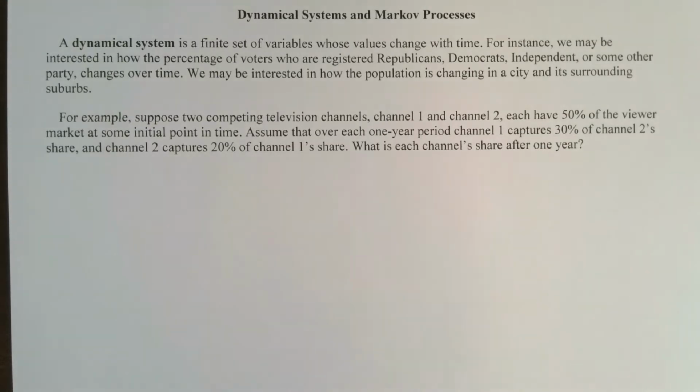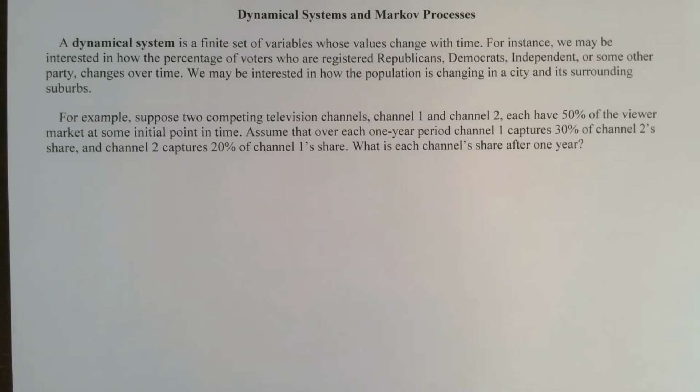There's an example in the book of a lion preserve with different zones within this vast preserve, and they want to track the movements of the lions or animals over time. So lots of different situations. The bottom line is we have different quantities whose values change with time.